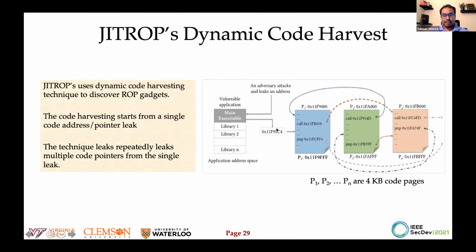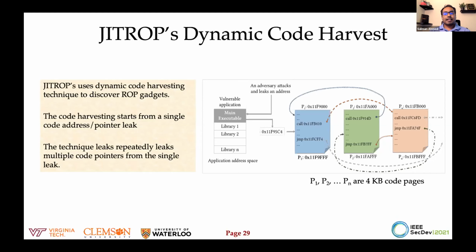For example, here the mapped code page would be from F900 to F9FF, which is a 4 kilobyte code page. Once it finds this 4 kilobyte code page, it can read all the content in that code page and look for the opcodes for call and jump. When it finds call and jump instructions, it can look into their targets.